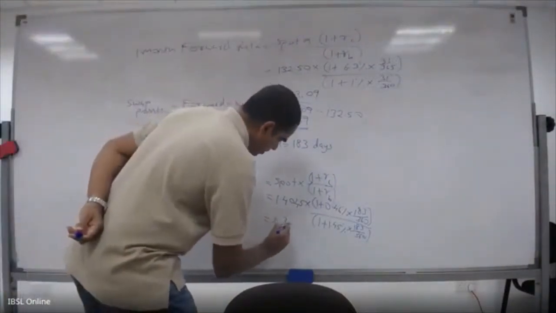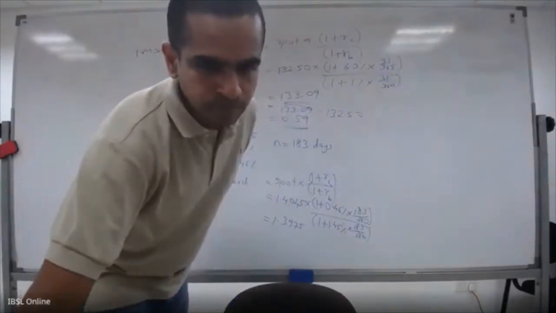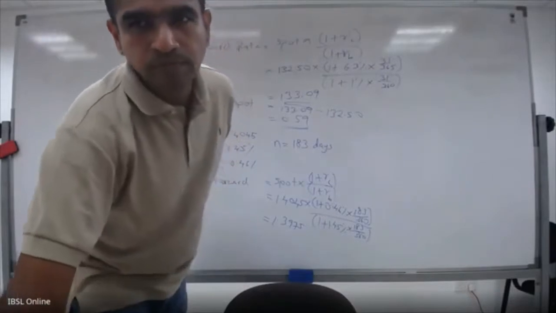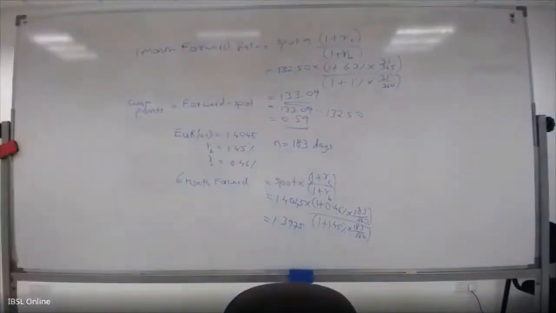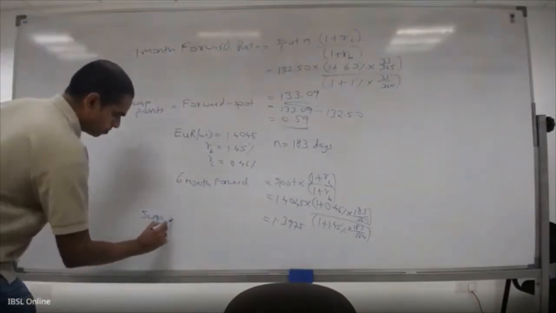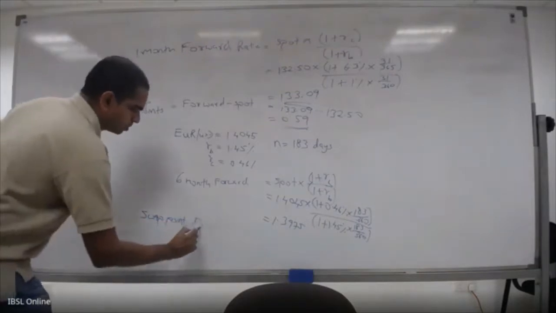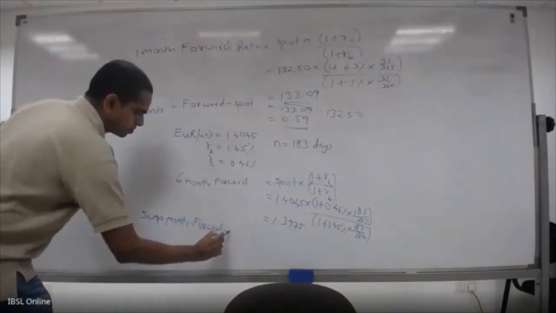I get 1.3975. So shall we calculate the swap point, which is the forward minus spot.